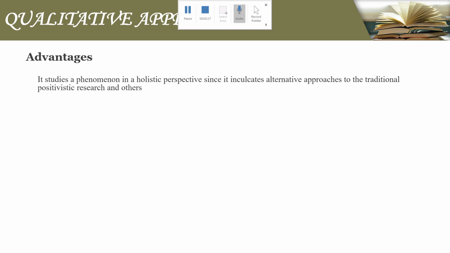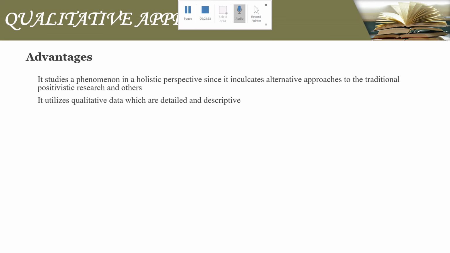Looking at the advantages of qualitative approach, it can be said that it studies a phenomenon in a holistic perspective, since it inculcates alternative approaches to the traditional positivist research and others. What we are trying to mean is that it helps you to study the participant in their natural setting without interfering with their abode.